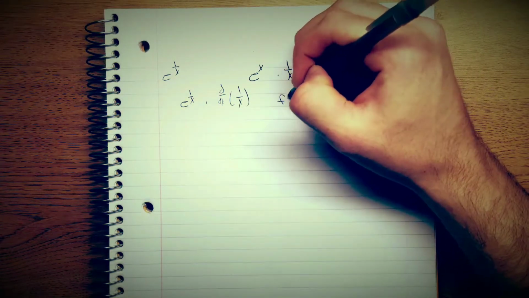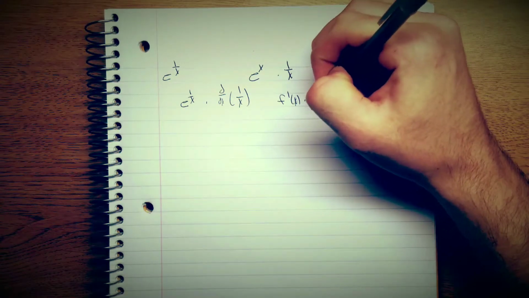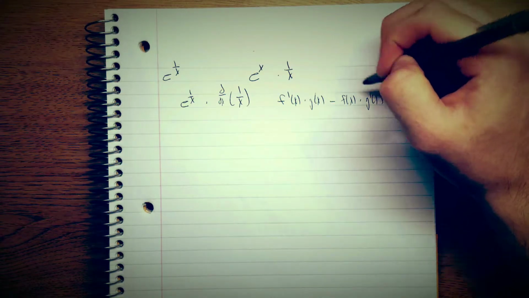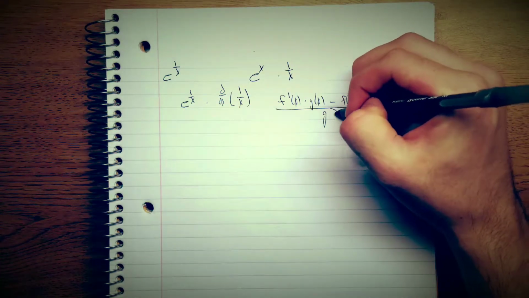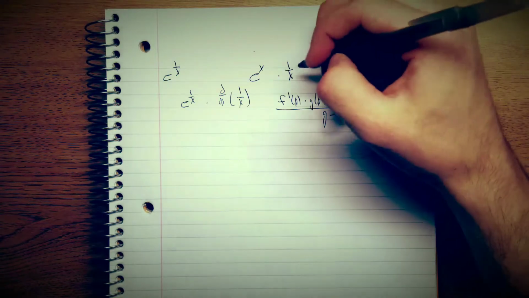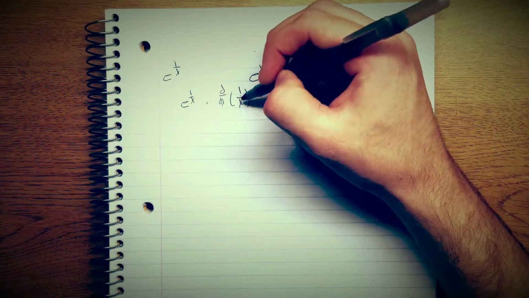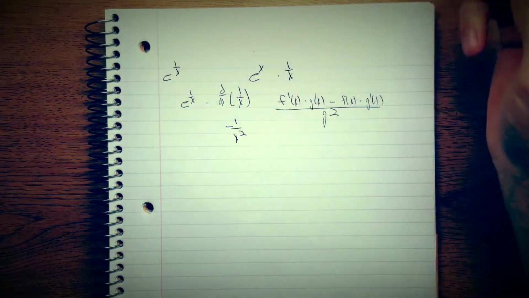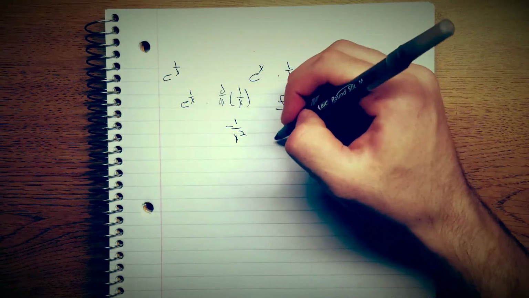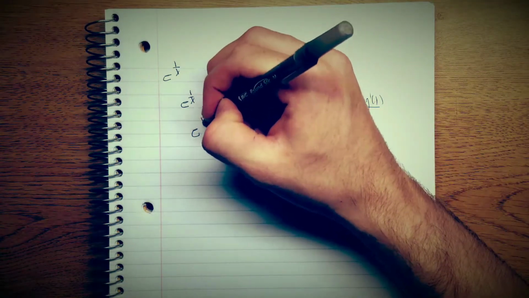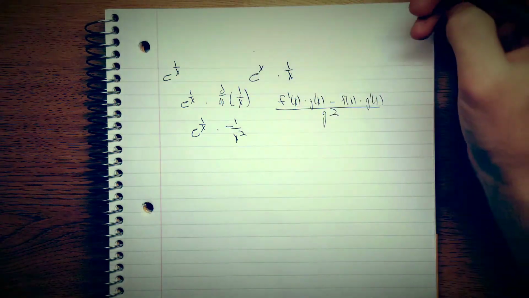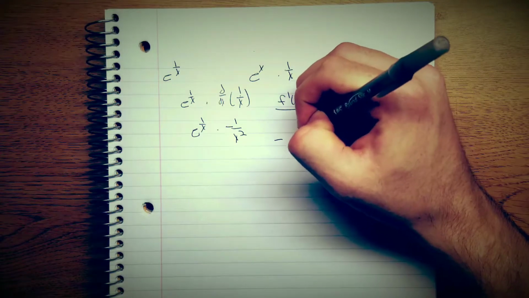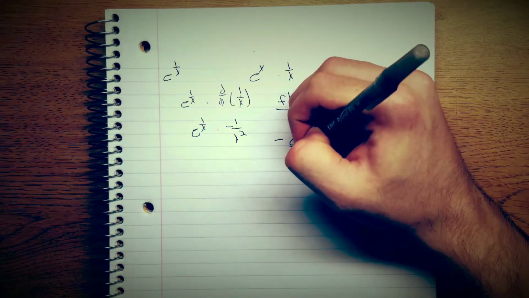We know is f prime of x times g of x minus f of x times g prime of x over g squared. And we will find that the derivative of 1 over x is negative 1 over x squared. So we then just multiply that value by e to the 1 over x. So the solution to this problem is going to be negative e to the 1 over x over x squared.